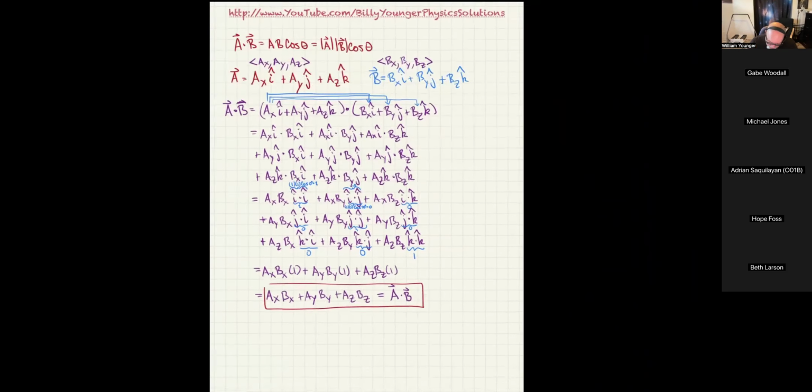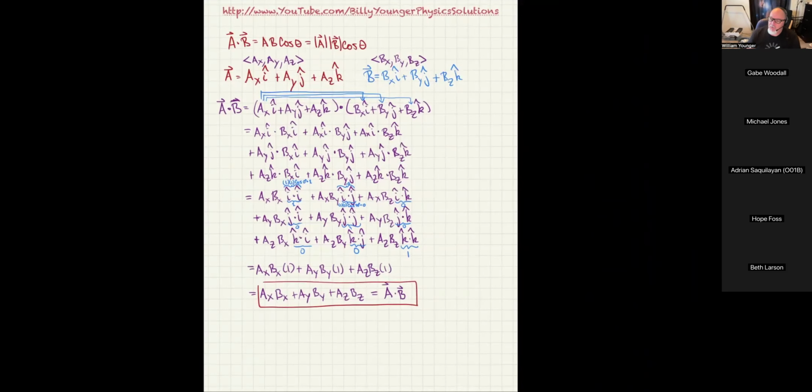In fact, what's often done is if you have the two vectors in i hat, j hat, k hat components, you can go ahead and do the dot product, ax bx plus ay by plus az bz, to get an answer.